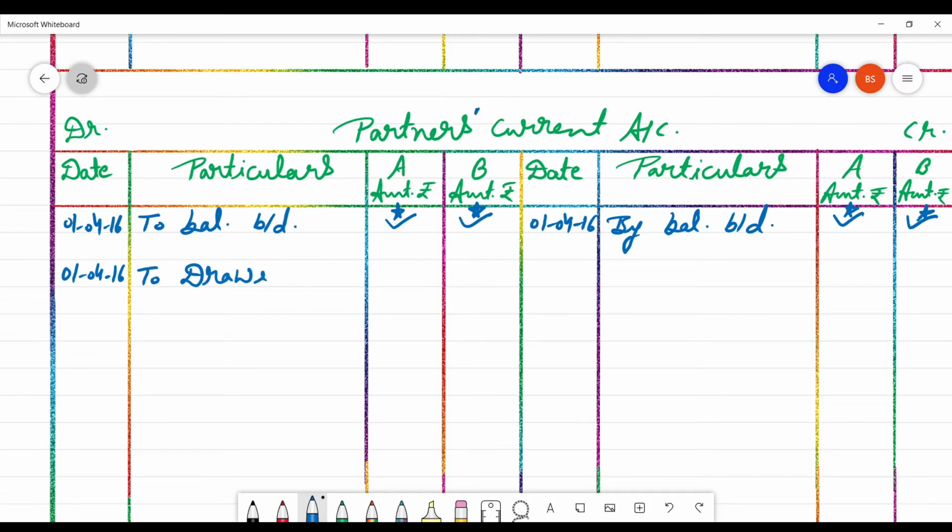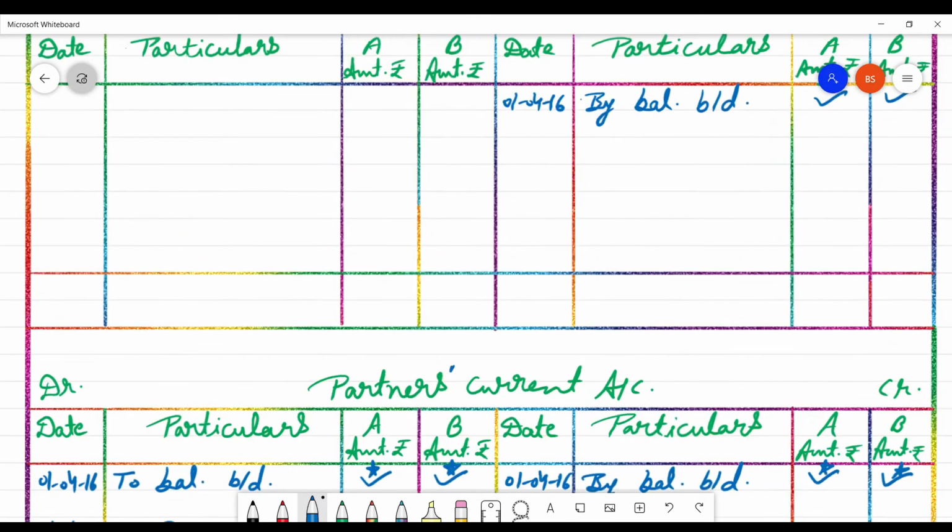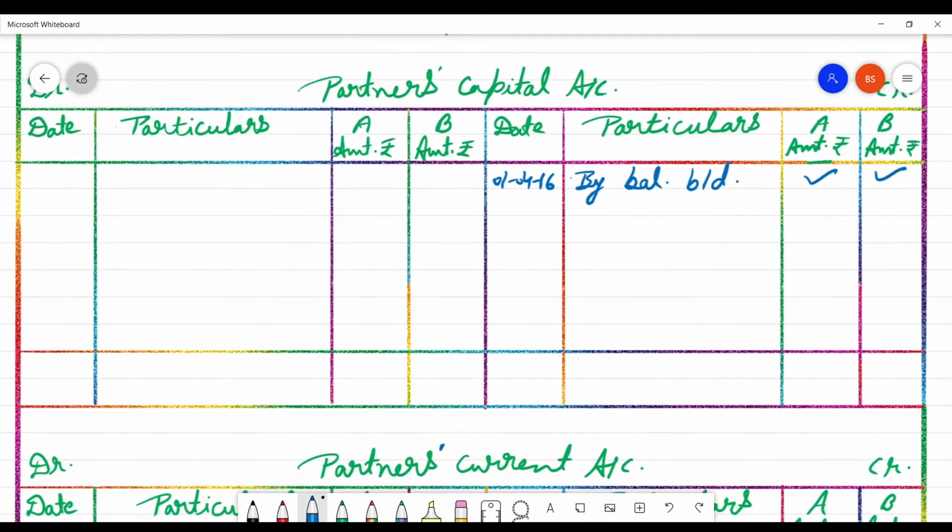If you prepare current account, all the entries will be transferred to the current accounts. If there is interest on capital, it is also transferred to the current account. Interest on drawings is also transferred to the current account. You have to remember that only 4 entries can be posted in the capital account.